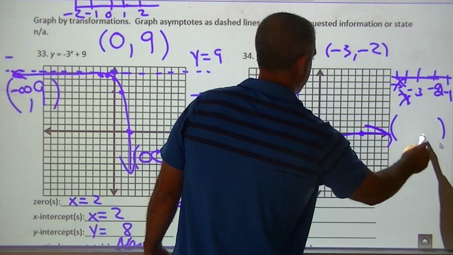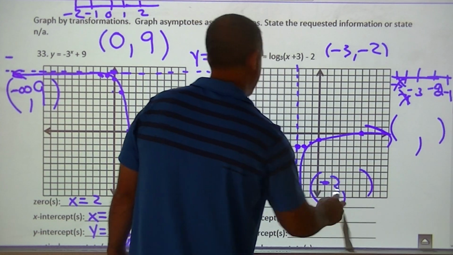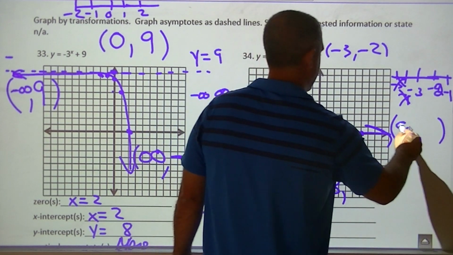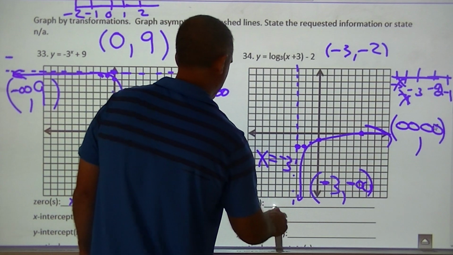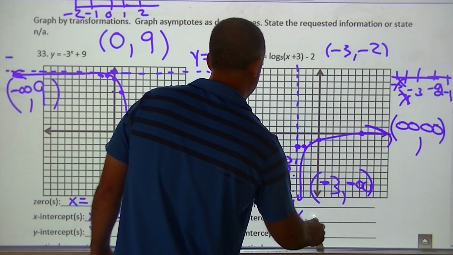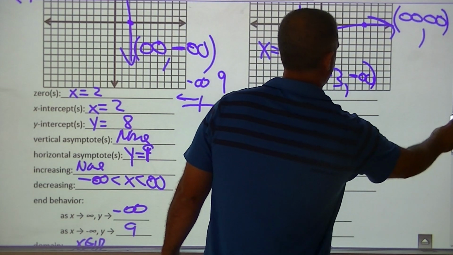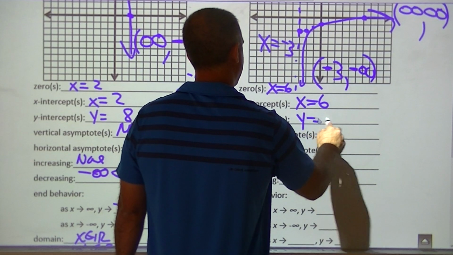Now, labeling the arrows. The asymptote's over here, so that x-coordinate will be negative 3. This arrow's pointing down, negative infinity. Right arrow, going up. Zeros, it's going to be x equals 6. Okay? My y-intercept is at negative 1.